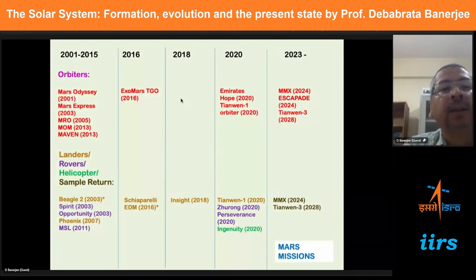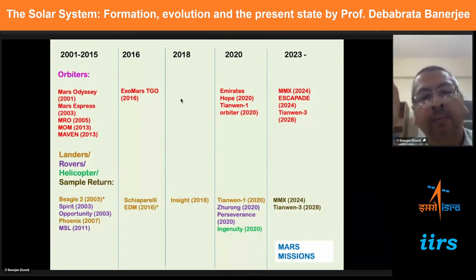And then these are the missions, the orbiters and the landers, and Mangalyaan, or the Mars Orbiter Mission, was launched in 2013, and it has provided a lot of interesting data.